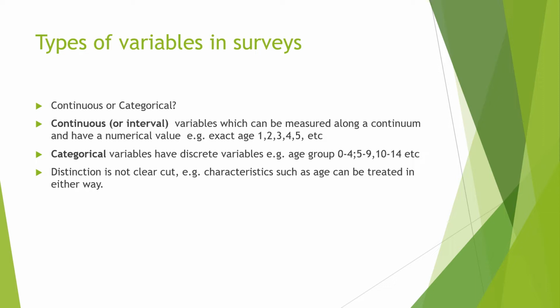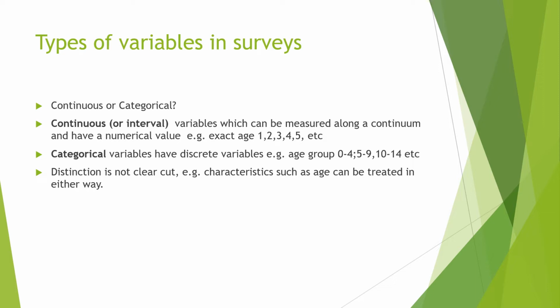And these are either continuous or categorical, and it's important that you understand the difference between these. So continuous variables are those that can be measured along a continuum and have a numerical value. For example, age, we could think of exact age, that is, as a continuous variable. 1, 2, 3, 4, 5, etc.